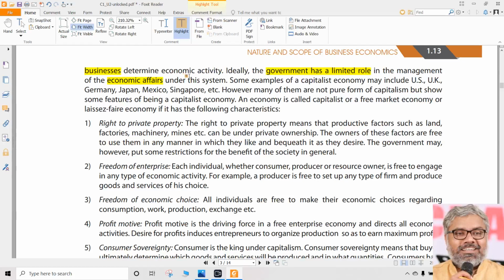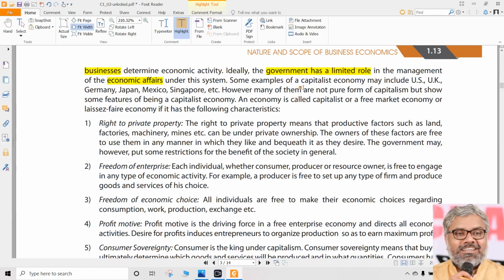Those are government interventions which happen even in capitalistic societies, but not on a regular basis. Exceptionally only. Under regular circumstances, as per the theory of capitalism, government should not interfere in the economic affairs of the system. Businesses themselves will determine the economic activity. Whatever happens to them, let it happen to them, is the general philosophy of capitalism.